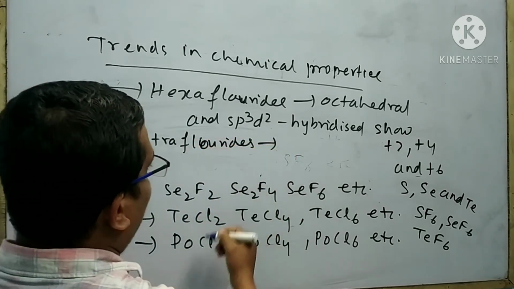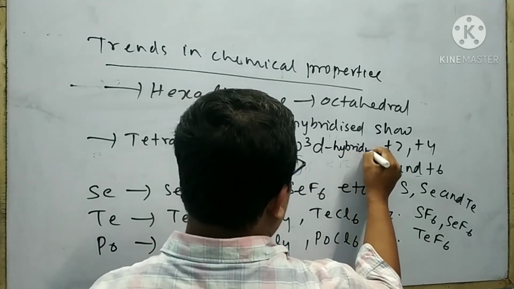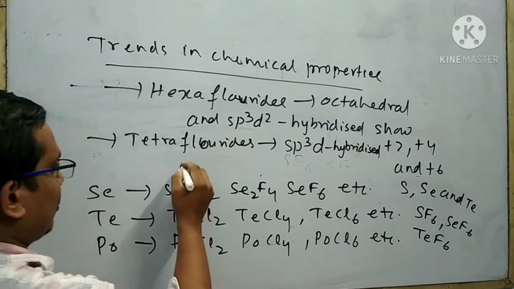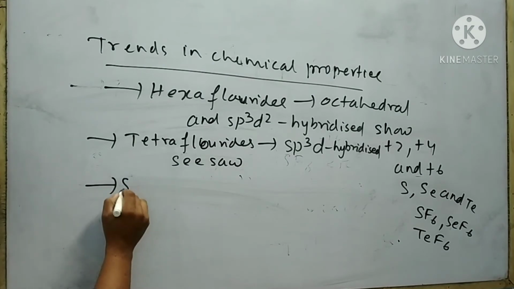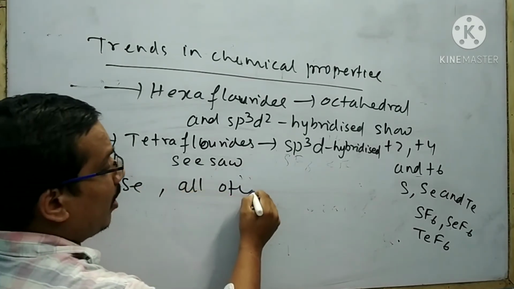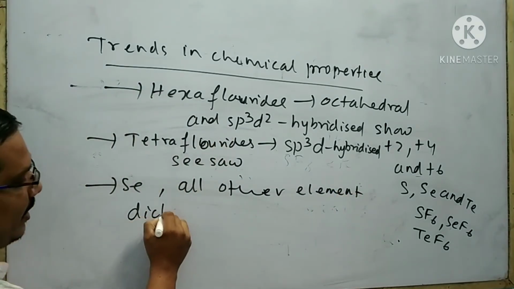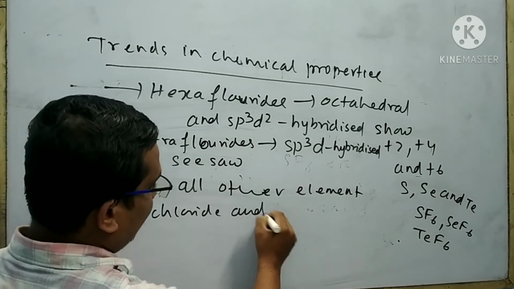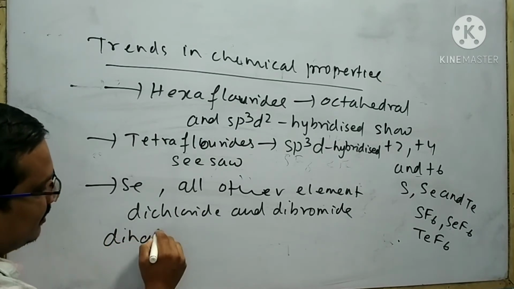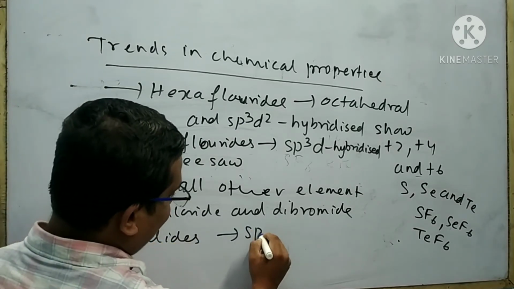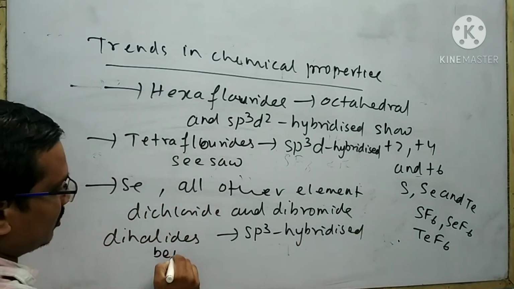Tetrafluorides are sp3d hybridized and have a see-saw structure. Except selenium, all other elements are able to form dichloride and dibromide. Remember, the dihalides are sp3 hybridized having a bent structure.